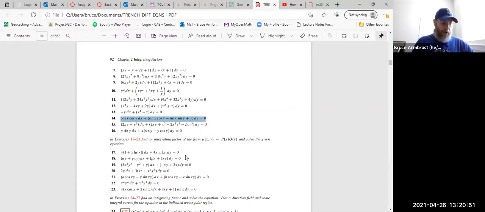And then we'll go to the whiteboard. So we got cosine x cosine y times dx plus sine x cosine y minus sine x sine y plus y dy. Okay, so let's jump to the whiteboard.